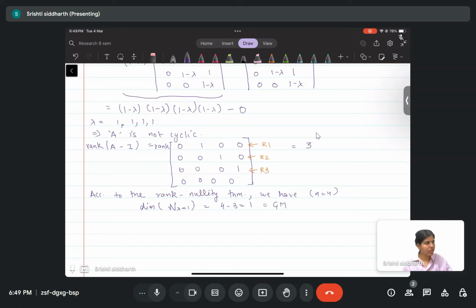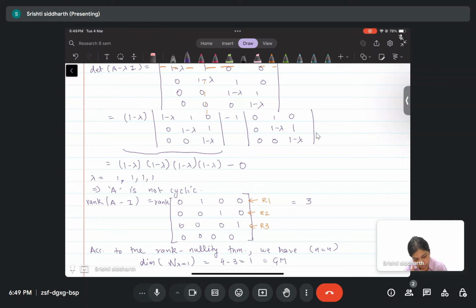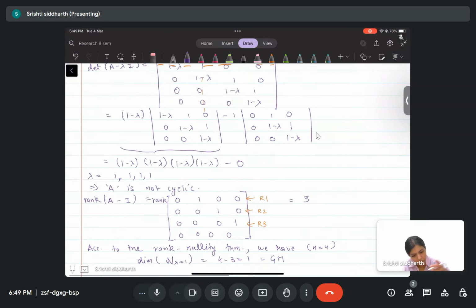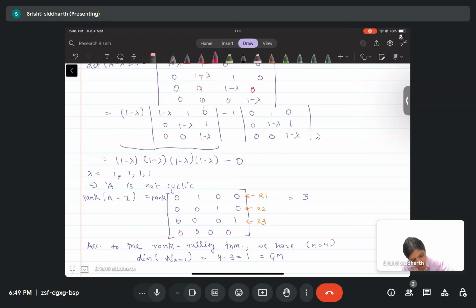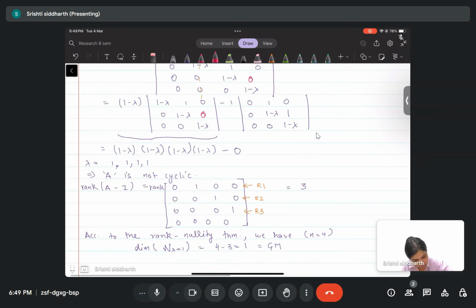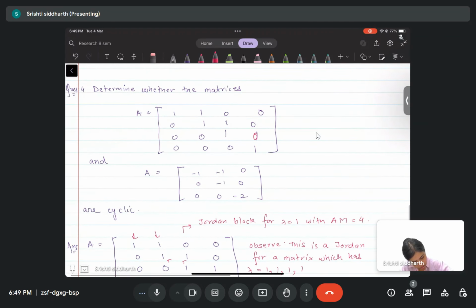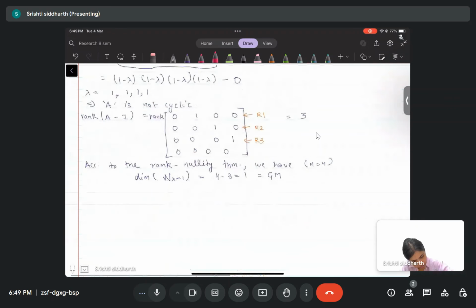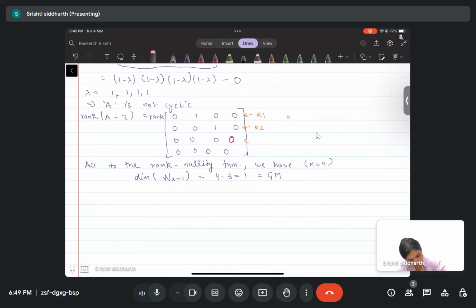Actually, only two of the rows are linearly independent. So A is not cyclic.